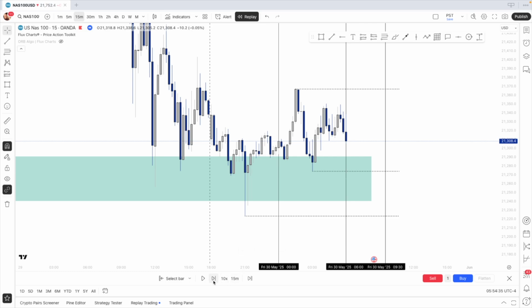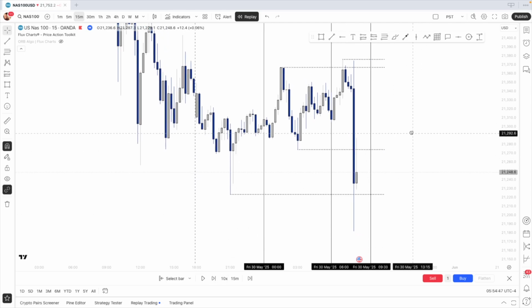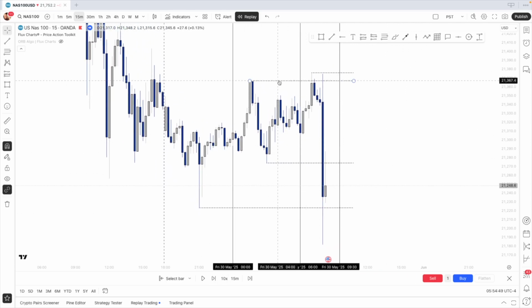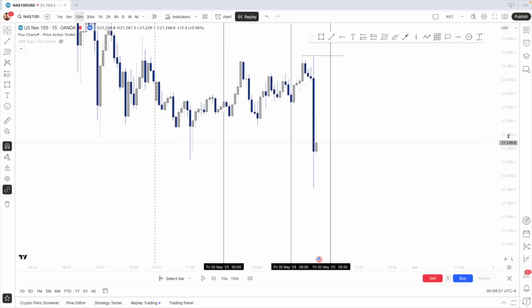Okay, let's play price forward. Let's see what happens. There we have our pre-market. So we took our London high before New York open. There's our pre-market high. London low has been taken. Asia low has been taken.